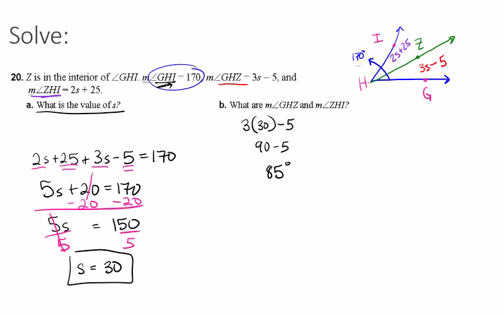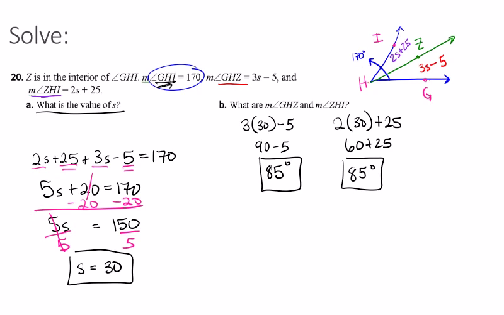For ZHI, that value was 2s plus 25, so it's going to be 2 multiplied by 30 plus 25, and so we get 60 plus 25, which is also 85. All right, now that's coincidental. Those values are not always going to be the same, right? But in this case, they were, and so that means they're congruent, right? When two angles have the same measure, they are congruent.